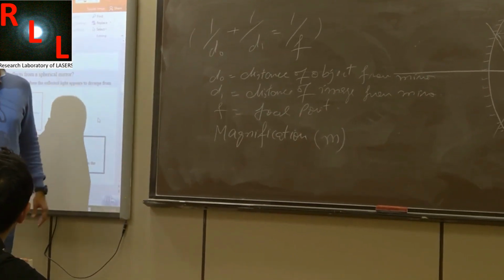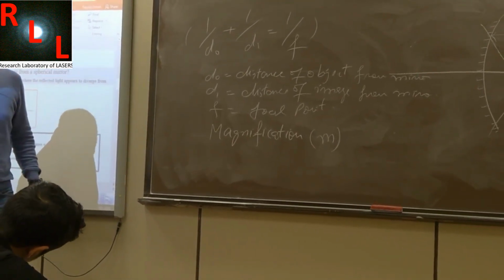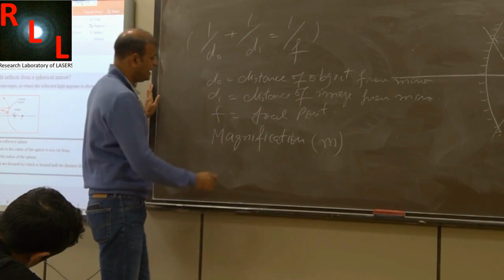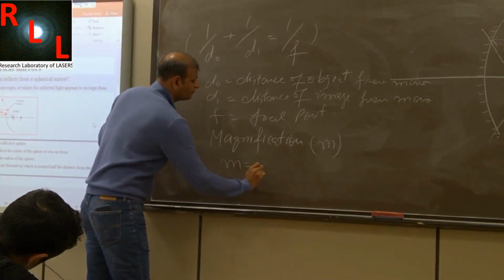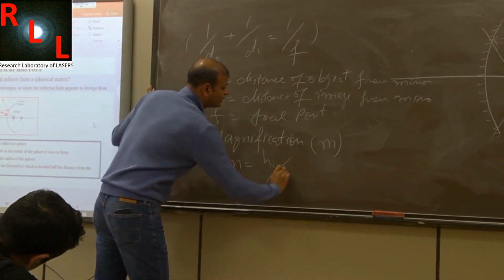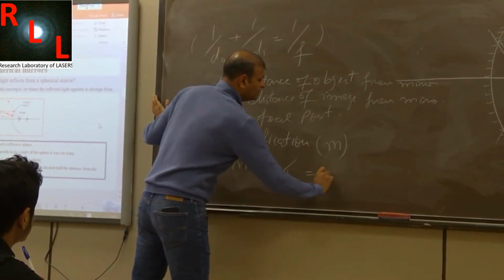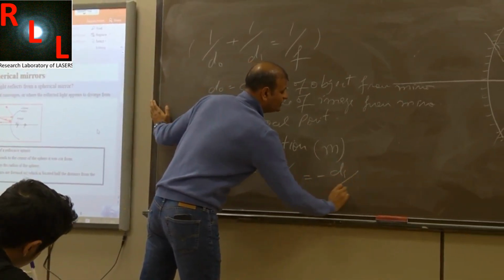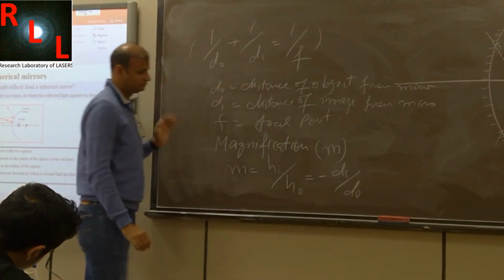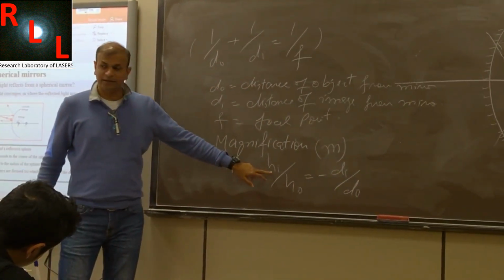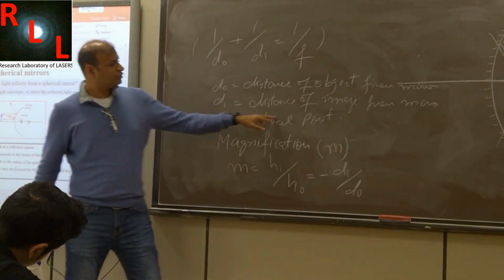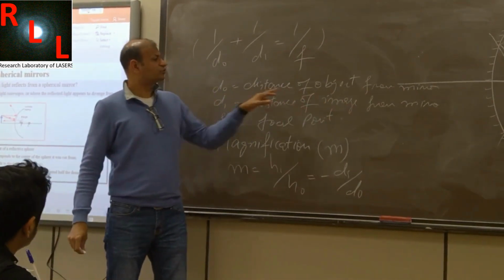So here M equals Hi over H naught, which is equal to Di over D naught. Distance of image from mirror, distance of object from mirror.